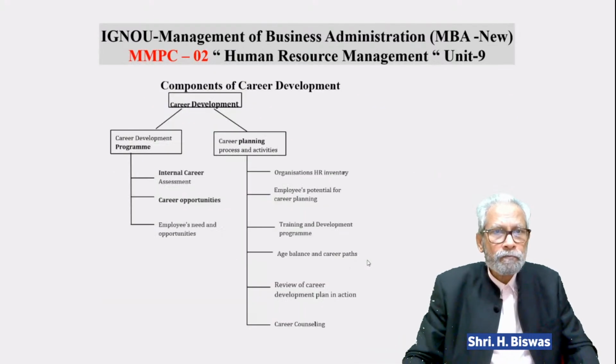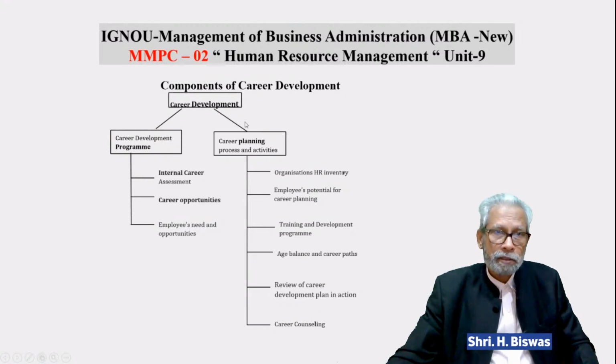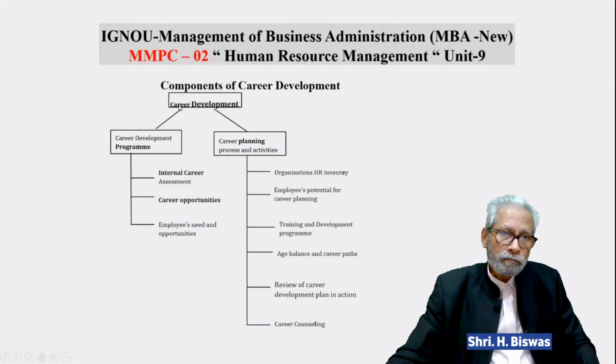Okay. Next, we can go for the components of career development. Here you see the career development program. There are some internal assessment programs, the career opportunities, and employee needs and opportunity. That is part of your program.